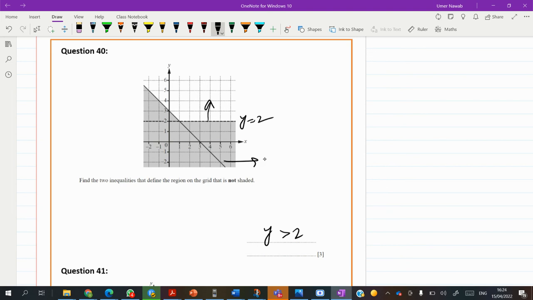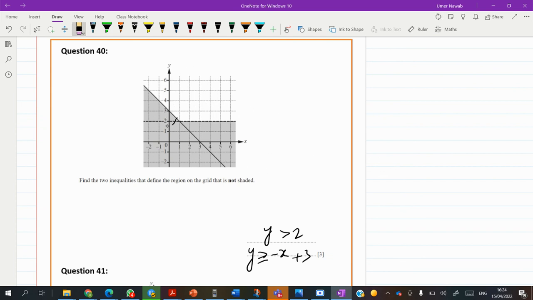What is the c? The c is 3. And how much does it go down? 1 down, 1 right, so m is equal to minus 1. And we want to take the above portion. So y is greater than or equal to, since it is a solid line, minus 1x plus 3.